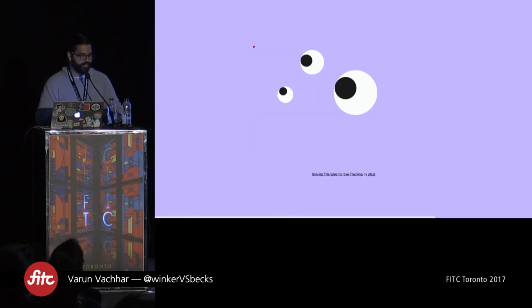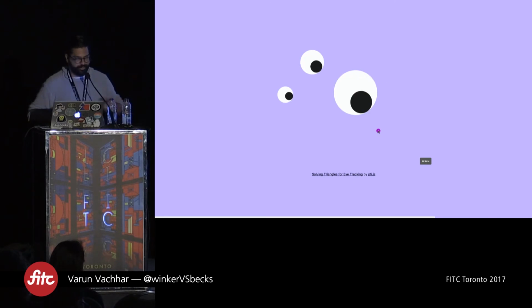So let's see this in action. This is a demo from the p5.js examples. It's a little example of eye tracking, or a simplified version of eye tracking. You'll notice that these three eyes track the mouse cursor, which is the purple dot, and they try to always look at that mouse cursor.